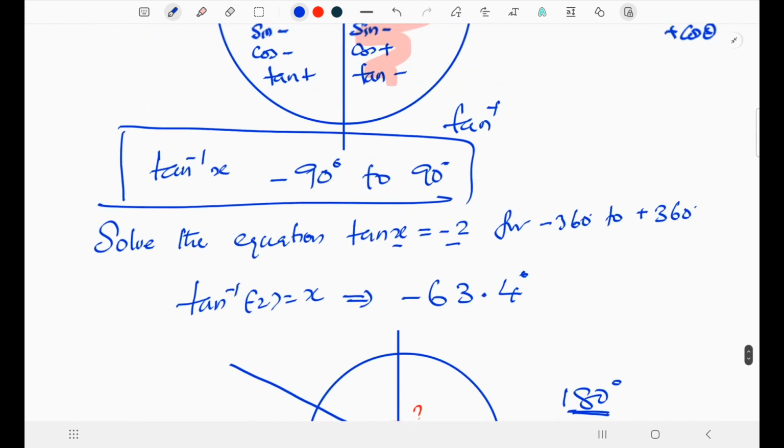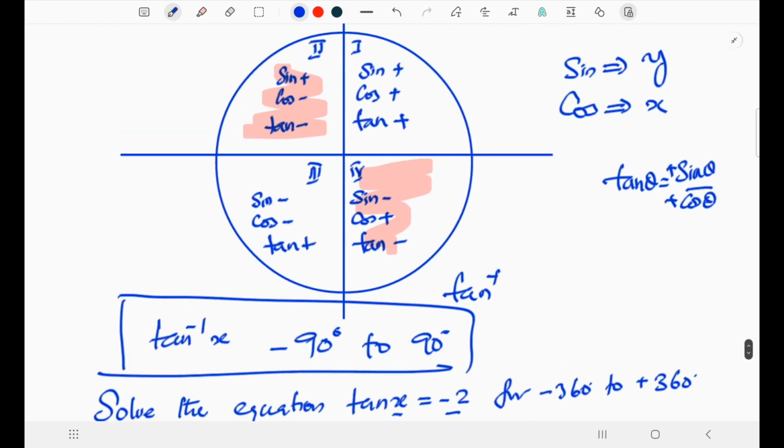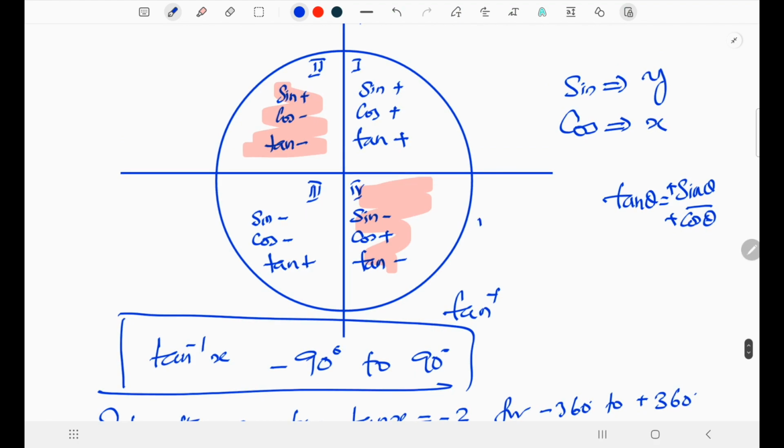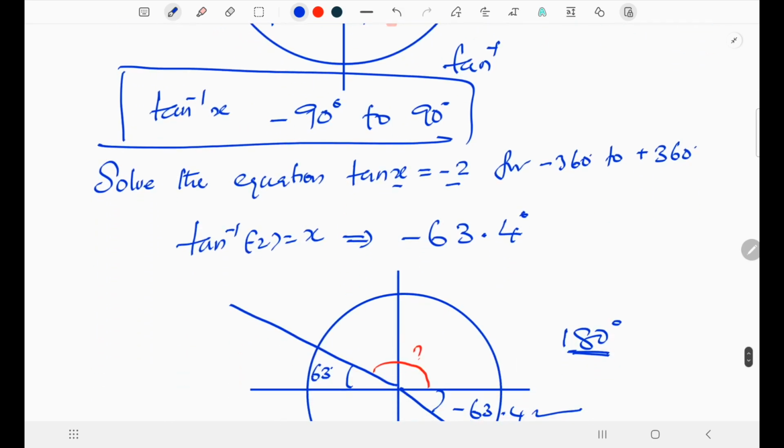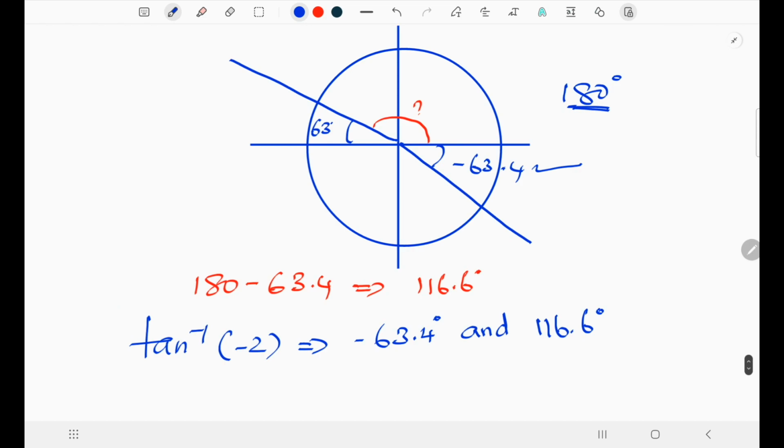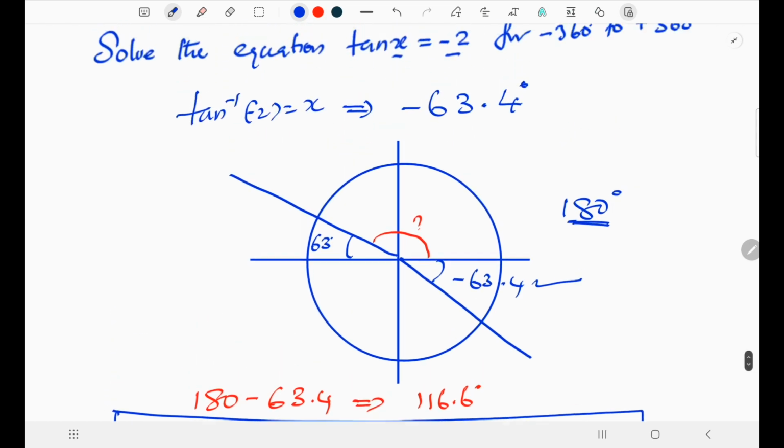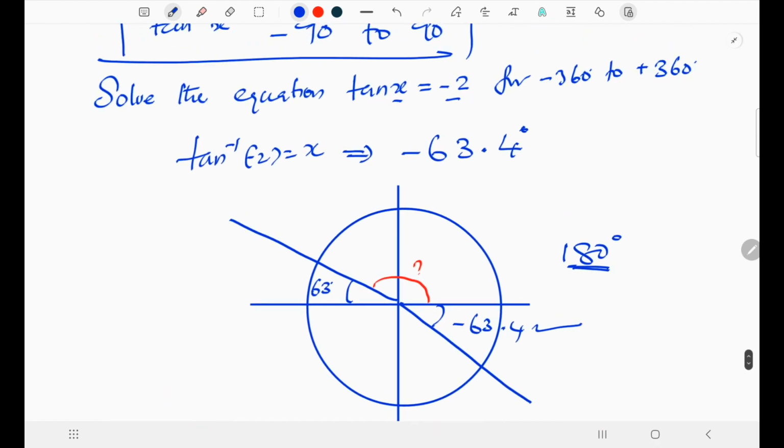Because already we have seen the tan is negative in the fourth quadrant and the second quadrant. So minus 63 falls in the fourth quadrant and 116 degree falls in the second quadrant. Okay, clear? So this is the answer for the question: solve the equation tan x equals minus 2.